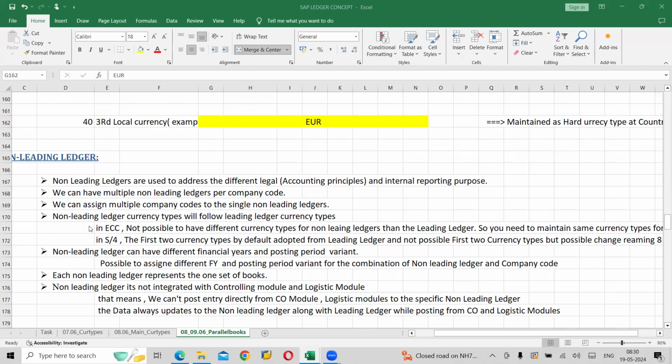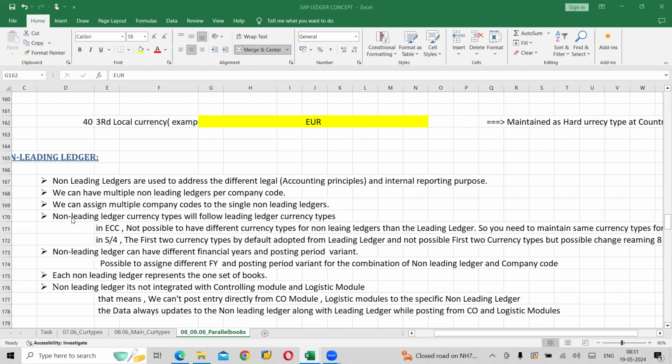Okay. So we can assign multiple company codes to a single non-leading ledger, right? Here is one more mistake, let me check. By default, it won't assign, we need to assign. Okay.